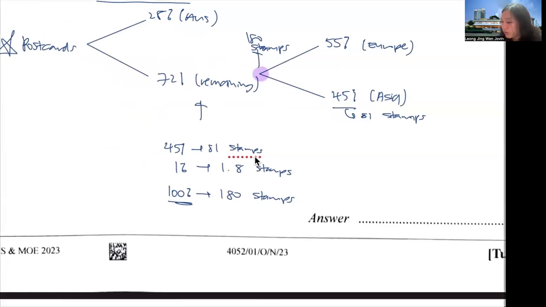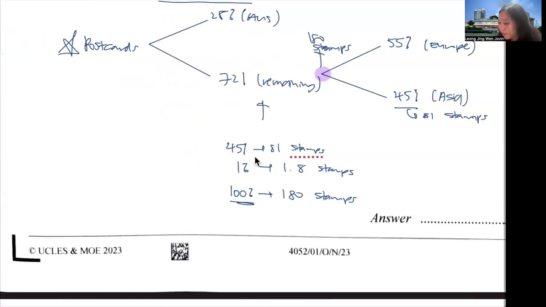Maybe let me use another colored pencil. If you look at the question here, now 72% is related to the 180. So 72% is my new 180. You're okay so far?